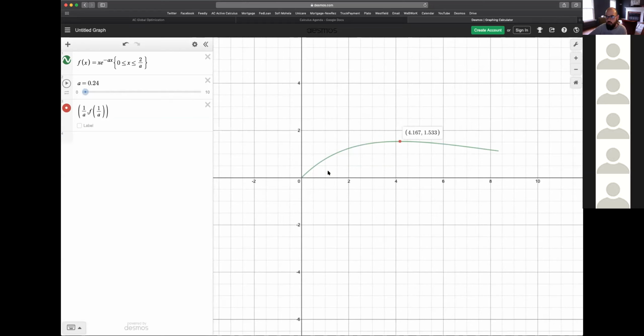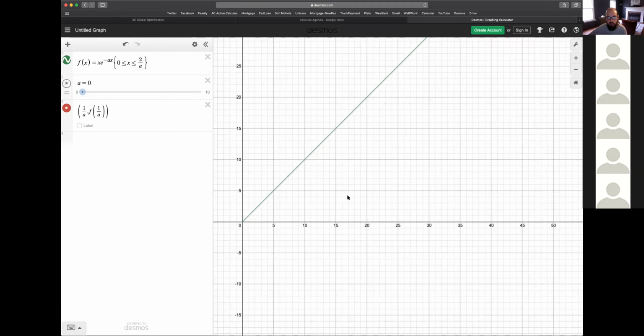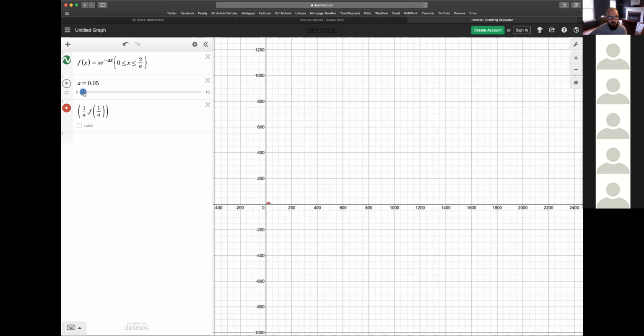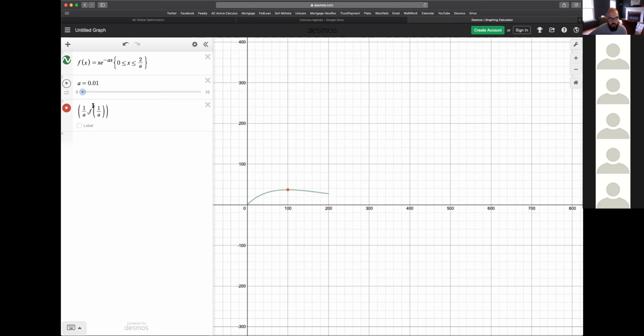And then looking around, my minimum value appears to be 0. So all of my other outputs, no matter what a is, seem to be bigger. As a gets small, you can see that my outputs get bigger.